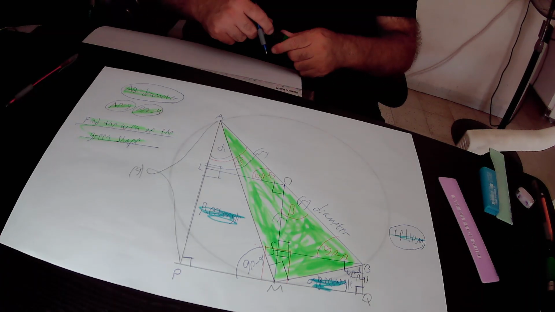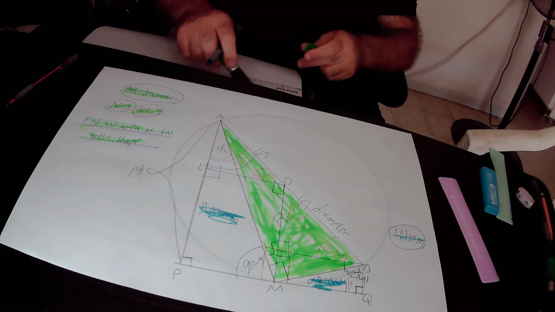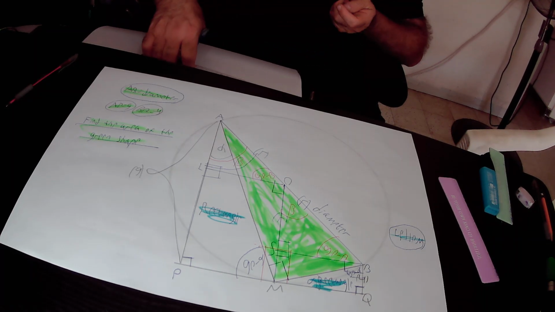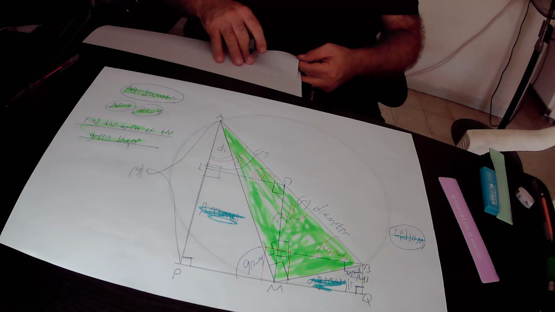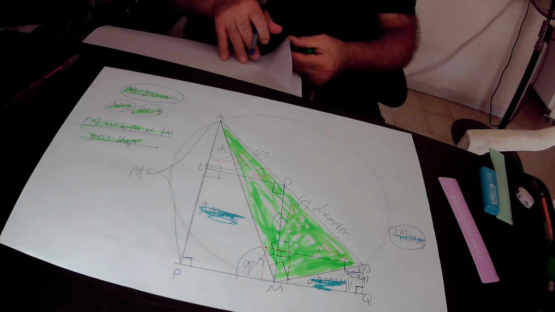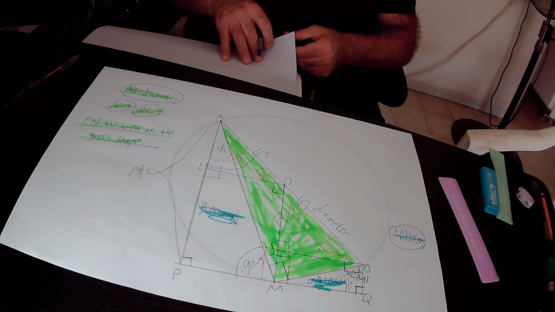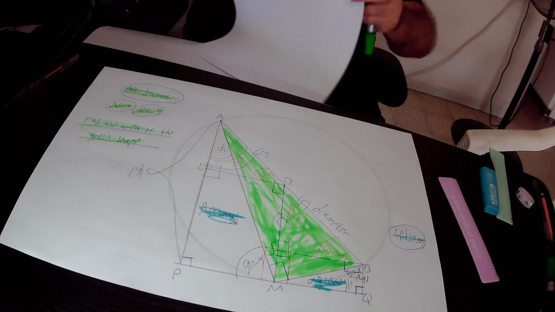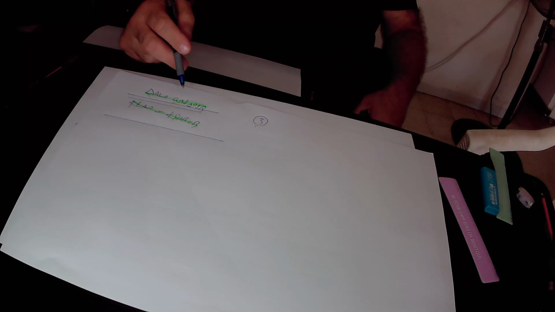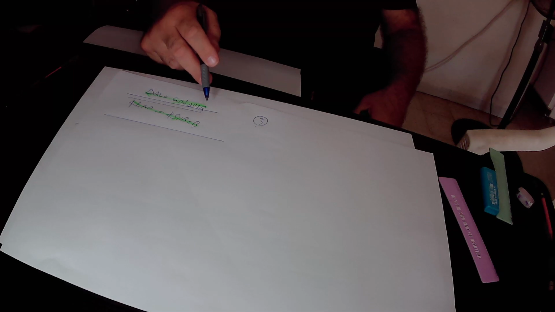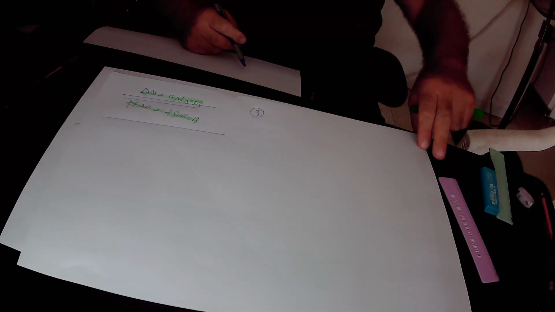Again, angle LAO in triangle ALO is equal to angle SOB in triangle OSB. They are both equal to beta and therefore they are equal to each other.